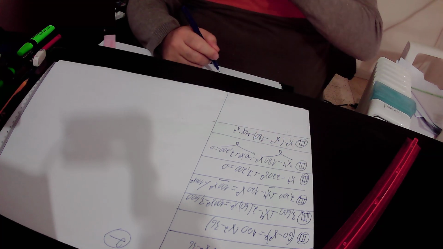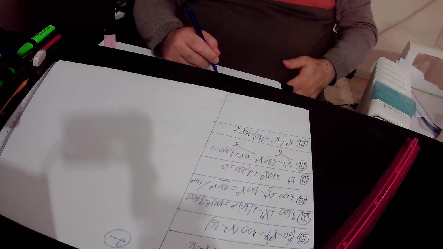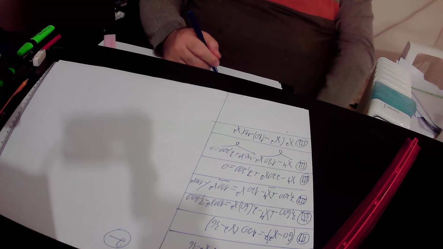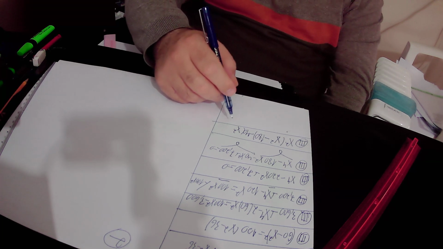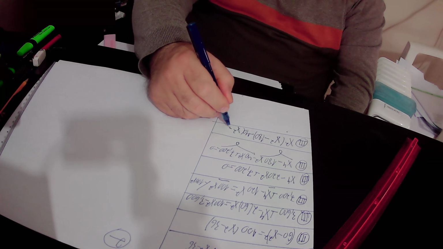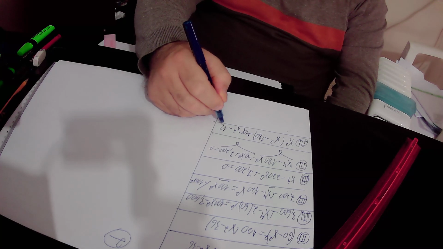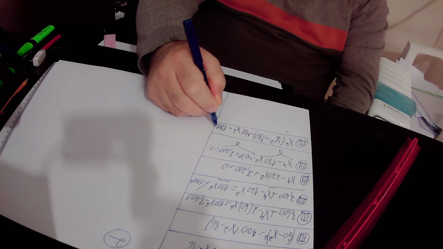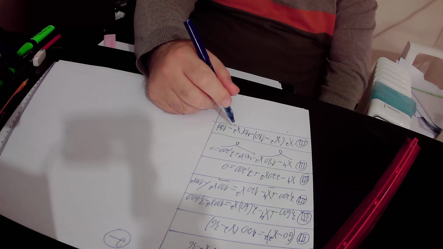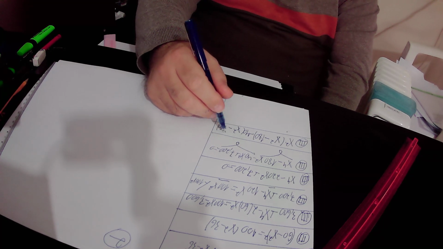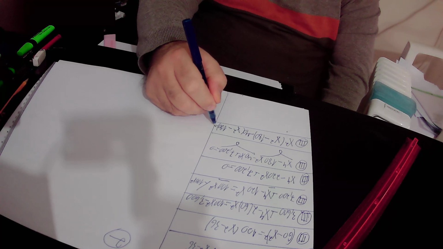And what is left from 7200 after we took from it minus 40 as a common factor? What is left is actually minus 180. Why? Because minus 180 times minus 40 is exactly equal to 7200. And this is equal to 0.